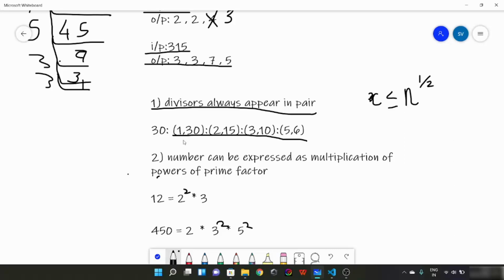So the algorithm would work like this. We'll have a loop where we declare an iterator i, which will run from 2 till the square root of n, because divisors always appear in pairs.